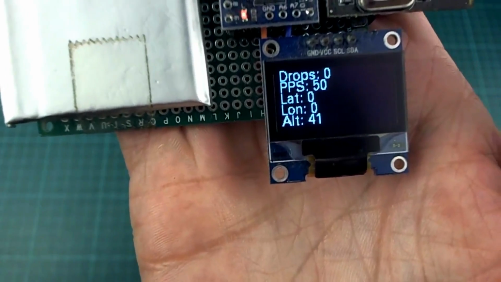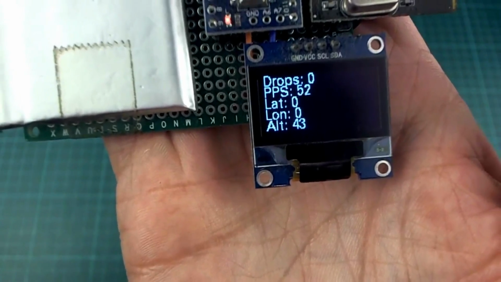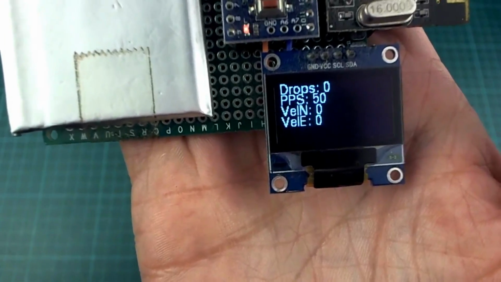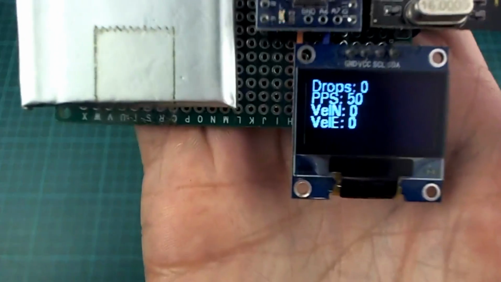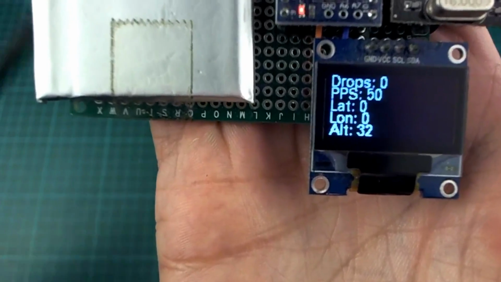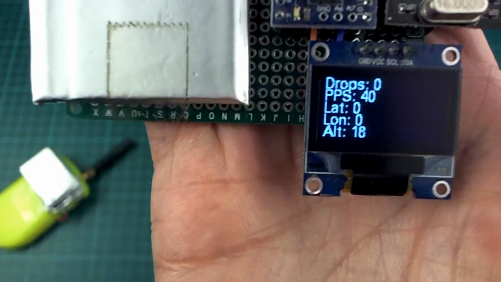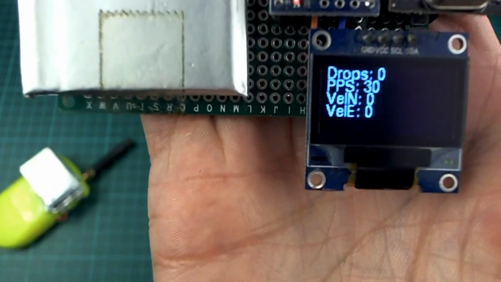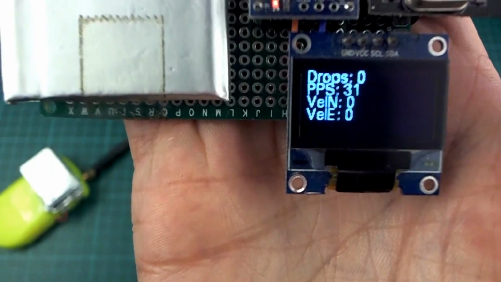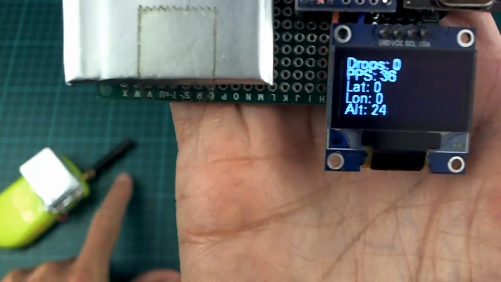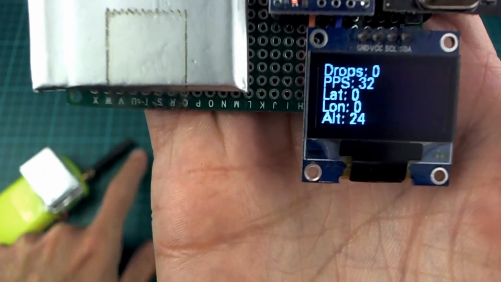Interestingly, oh, this is 50 packets per second. Yeah, I found that when I place the tag on the desk, watch how the packets per second goes down. It goes down to about 30. Wow, 20 something there. I think the reason is that the antenna is flat along the desk.